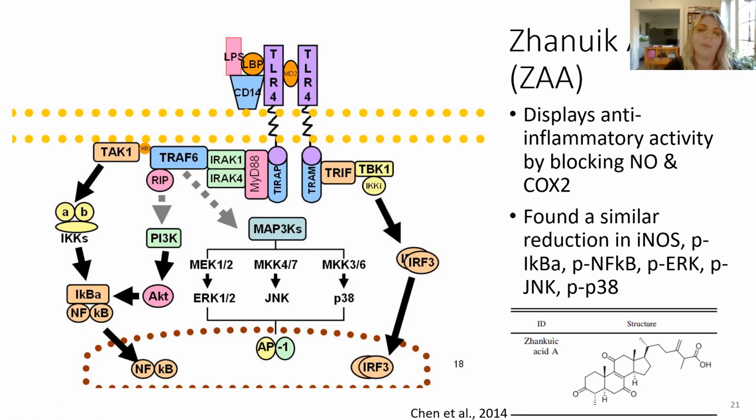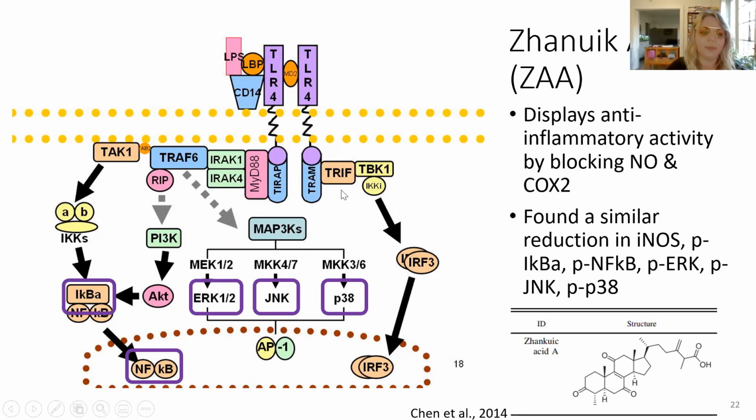And they did a lot of the same experiments as the previous study I talked about and found similar results, which I'm not going to show all of them, but they did find a dose-dependent reduction of the expression of NOS, phosphorylated I-kappa B, NF-kappa B, ERK, JNK, as well as P38.